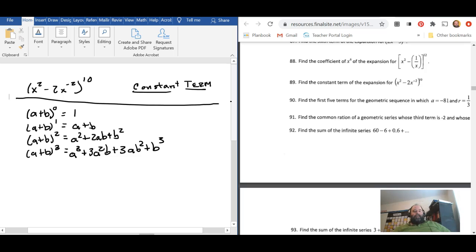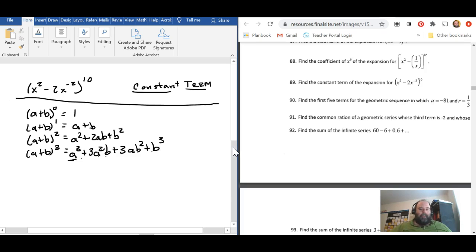Okay, so there's a pattern here. Each time I iterate, I start with the highest possible power of a and go down: a cubed, a squared, a, and then no a. And for b, I go no b, b, b squared, b to the third, so it goes up.